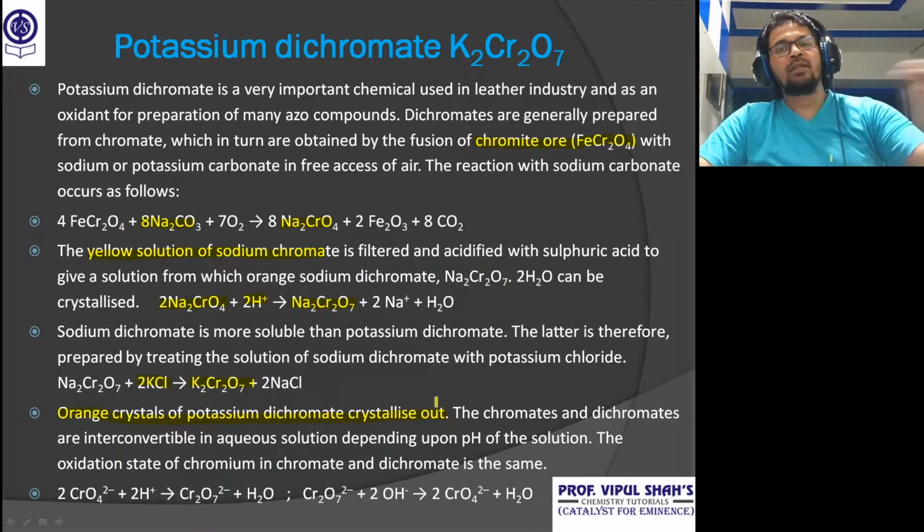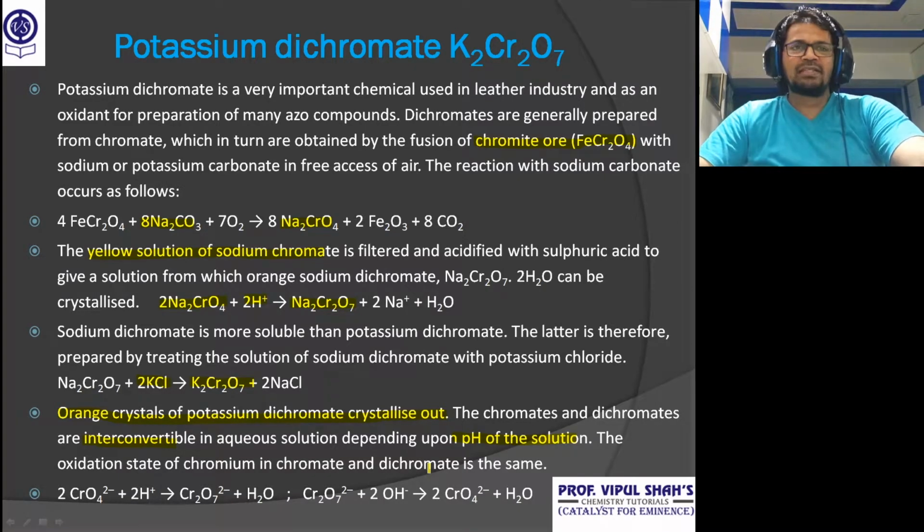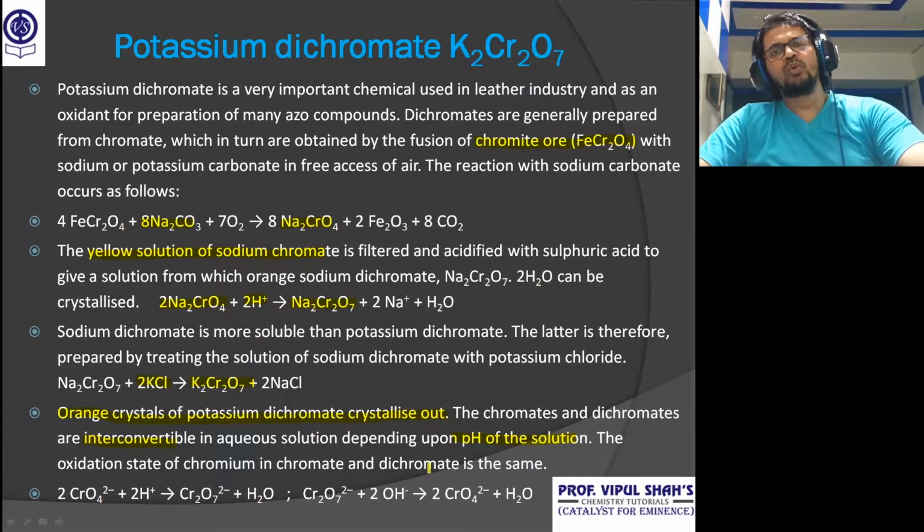Now potassium dichromate, K2Cr2O7: chromium is in the +6 oxidation state. That is, it loses all its 6 electrons. Now it says the chromates and dichromates are interconvertible depending upon the pH of the solution. Meaning, in an acidic medium, chromate is converted to dichromate, and in a basic solution, the dichromate can be converted back to chromate.